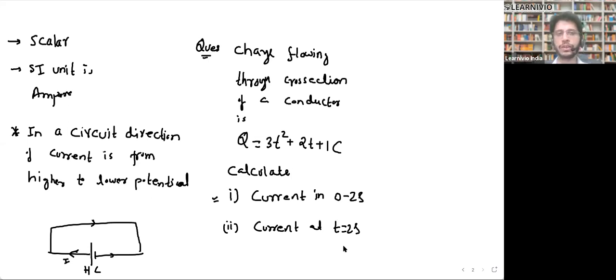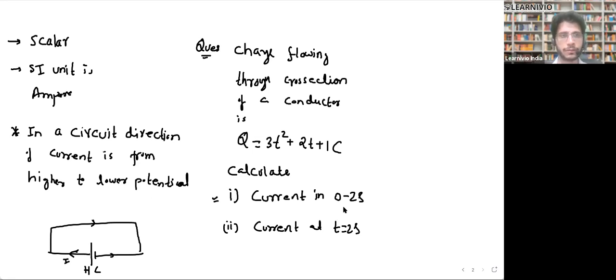How do we differentiate between an interval and an instant? An interval means you will have two instants, like from 2 p.m. to 3 p.m., or 2 seconds to 6 seconds. But if I say at 2 seconds, it's an instant. If I say at 3 p.m., that's an instant.